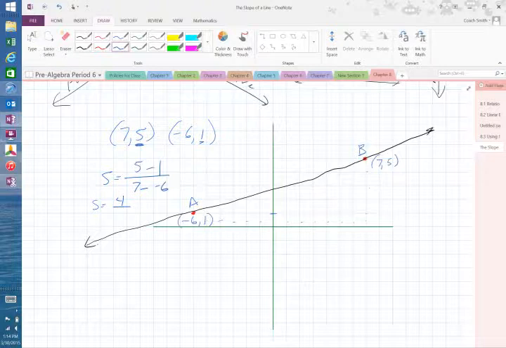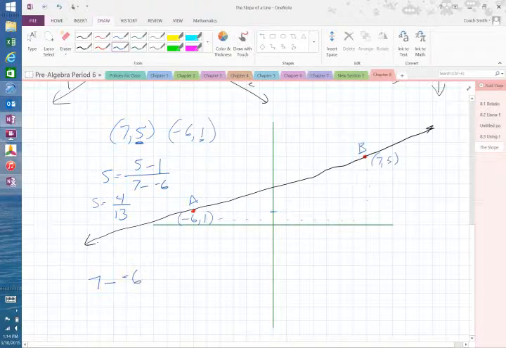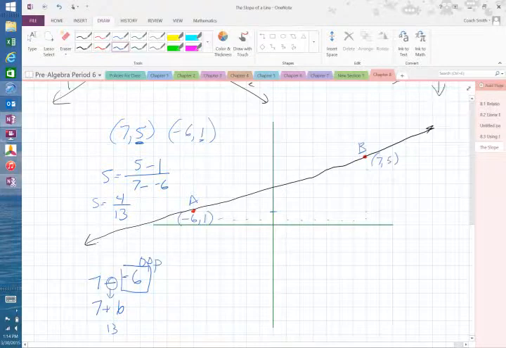It's 13. 7 minus -6 is the same thing as 7 plus 6: change that to addition and do the opposite of -6 behind it, which is +6. 7 plus 6 is 13. So 4 over 13 is my answer. Okay, that is the slope of that line.